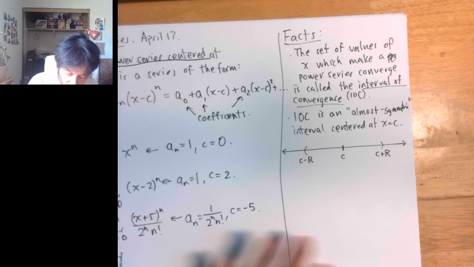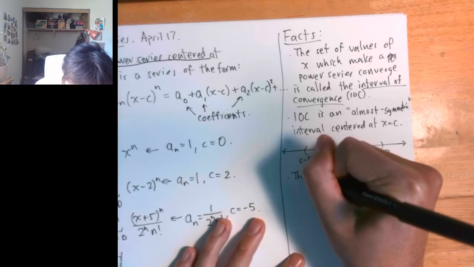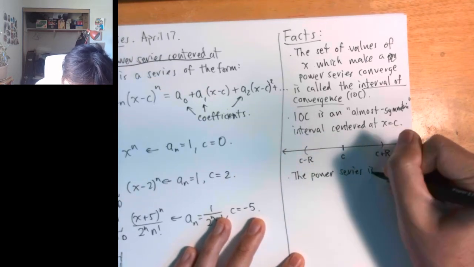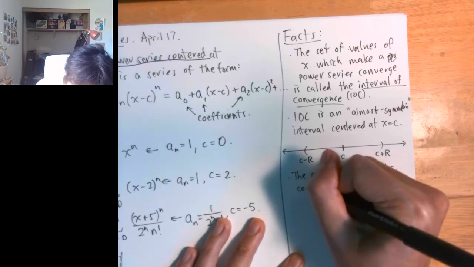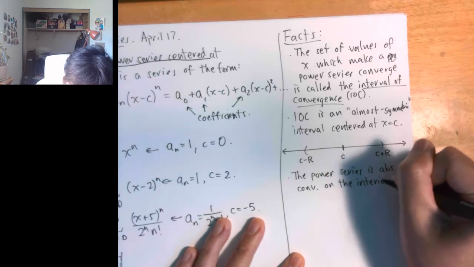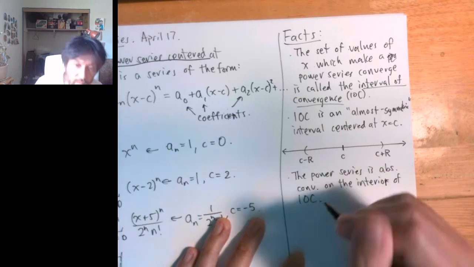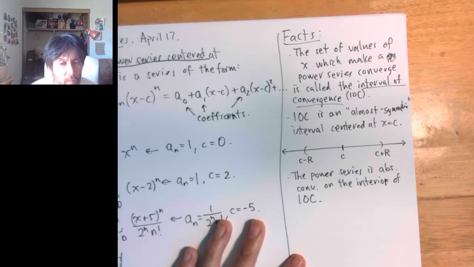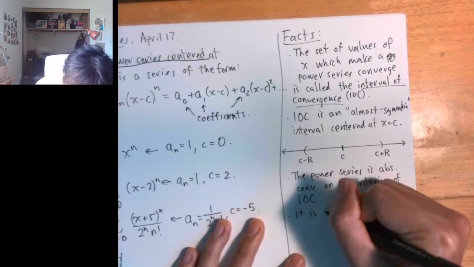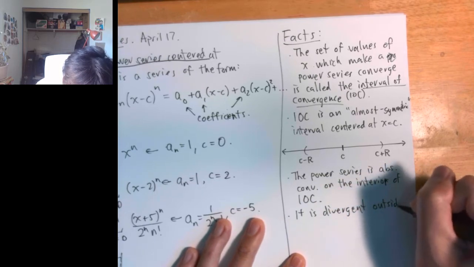The fact is, the power series is absolutely convergent on the interior of the IOC. It is divergent outside the IOC.